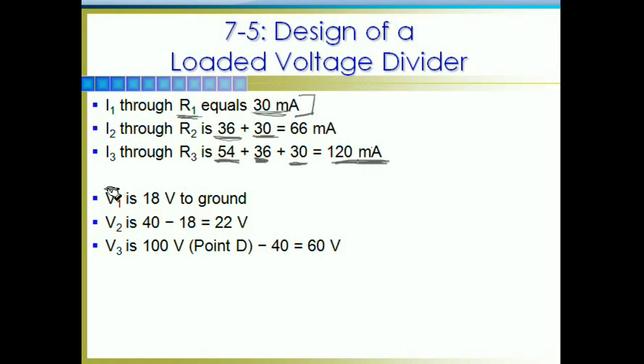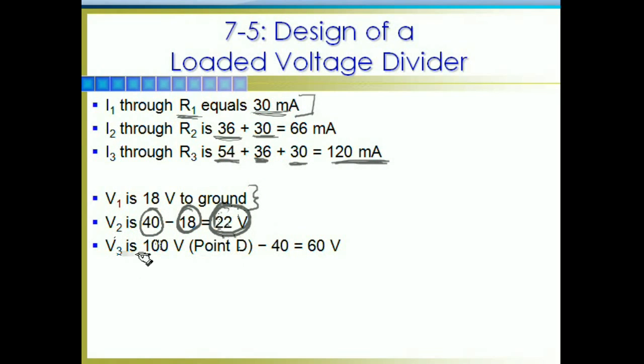We saw that voltage 1 was 18 volts to ground. Voltage 2 was the 40 volts. However, 18 of that volts was dealt with by R1, so I had R2 needing to make up the 22 volts.